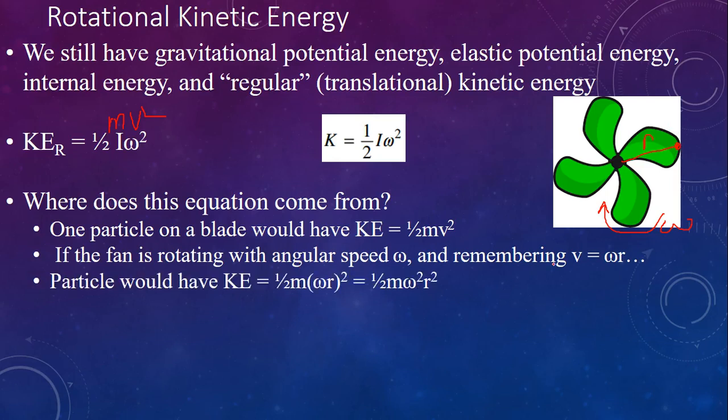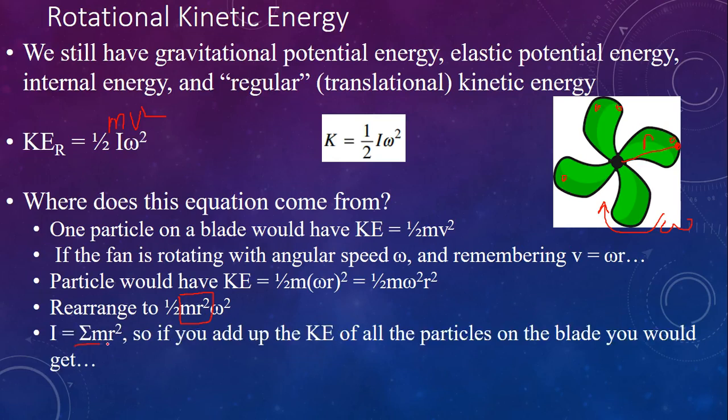So then the particle would have 1/2 m (omega r) squared, which becomes this. And then you can rearrange it to look more like that. And then this bit of the equation here should look familiar. That should look like the equation for the moment of inertia. So if we take all of the particles in each of the blades, each of them will have this moment of inertia.